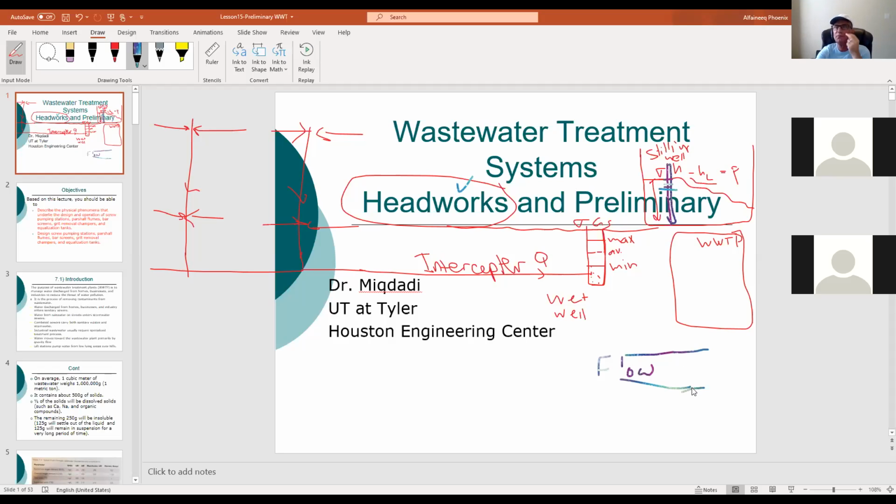Then after that, you take everything to the preliminary treatment, which is actually the headworks plus the grit chamber removal. The grit chamber removes grit, dirt, small particles of silt, sand, coffee grounds, tiny objects, mainly non-organic stuff.